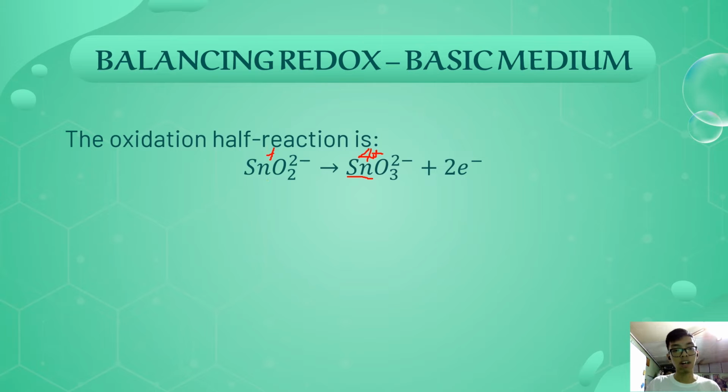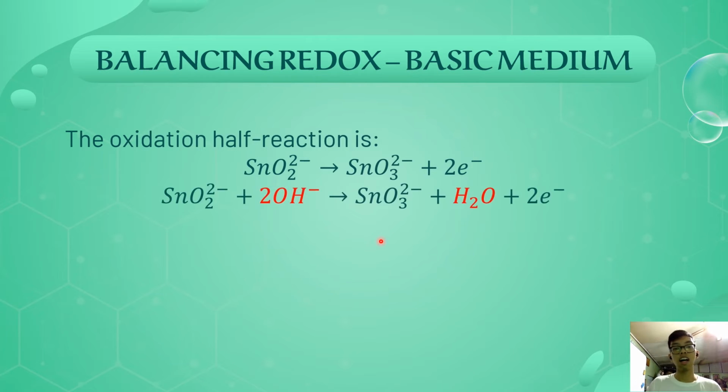So that is why this is the oxidation half reaction. And again, we will be balancing it by adding water. Since this is a basic medium, instead of counterbalancing the addition of water with H plus, we will be counterbalancing that with OH minus, as seen here.